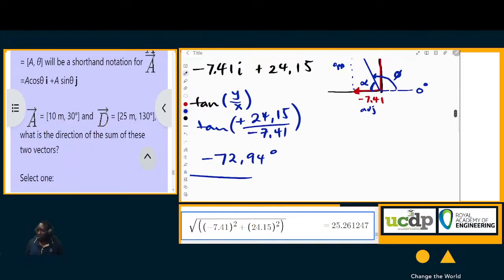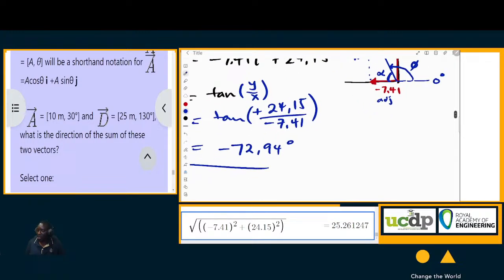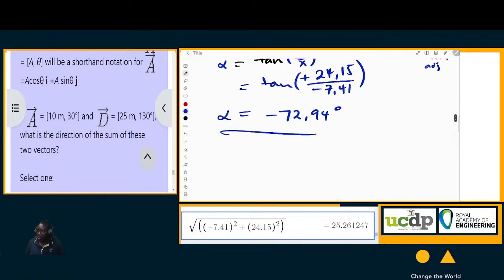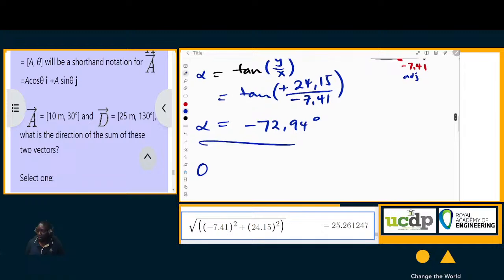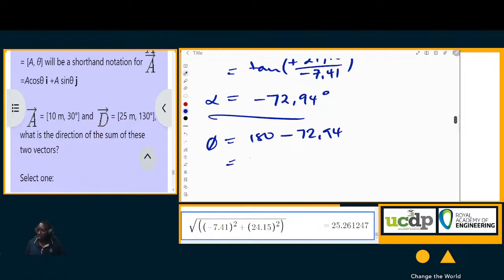So this angle is 72.94 degrees from 180 degrees. So the angle phi there is 180 minus 72.94. This is where you get the 107 degrees.